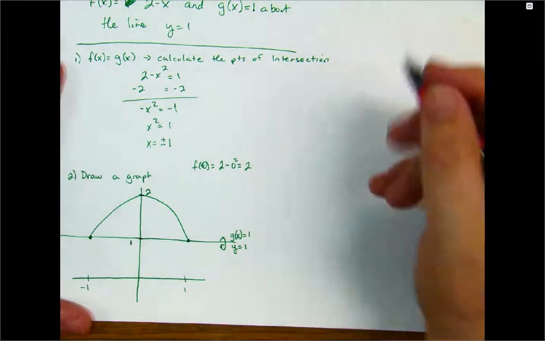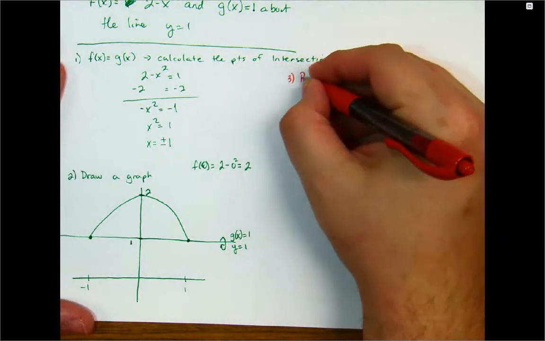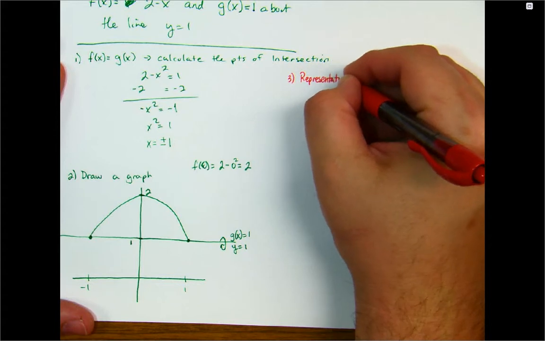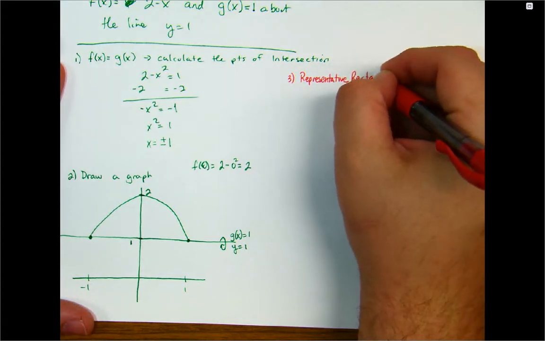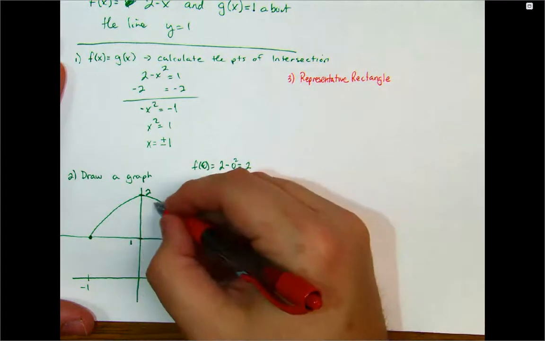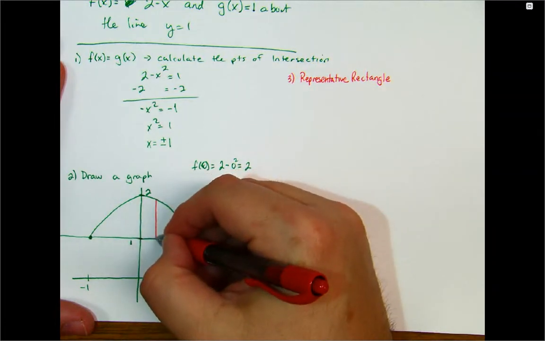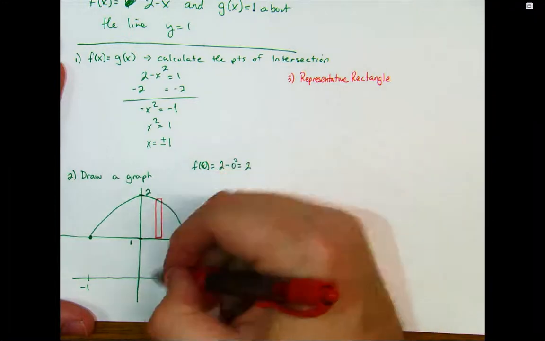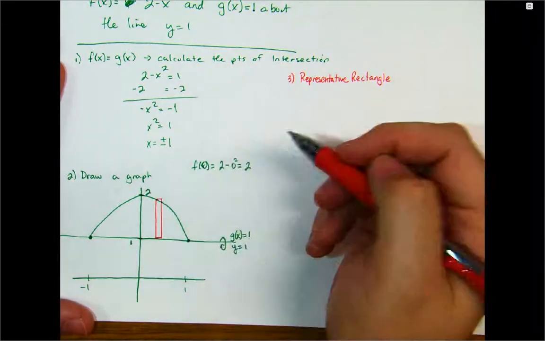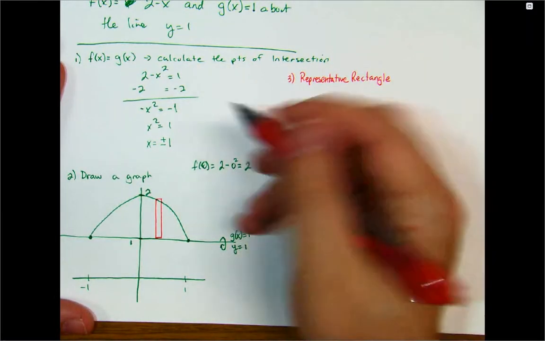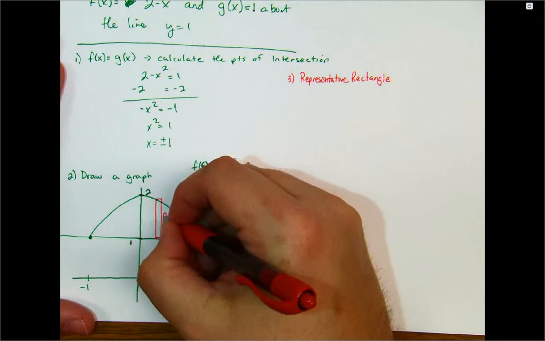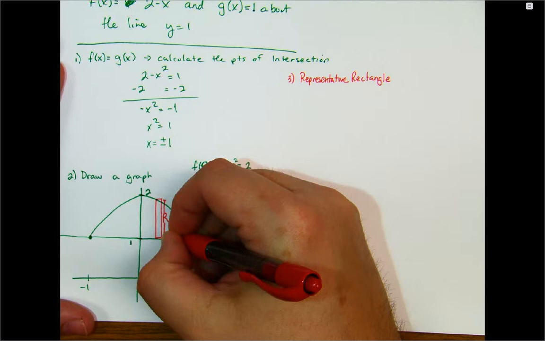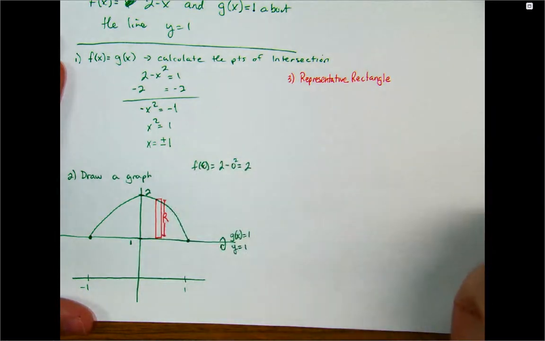Now, step 3, we have to draw a representative rectangle. And what we're looking for is this length, r, which goes from the top to the bottom. That's what we want to figure out.